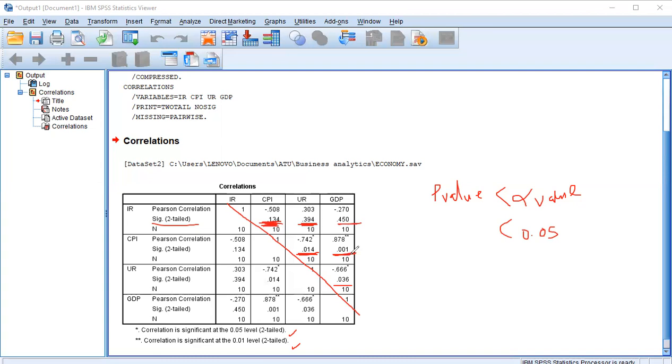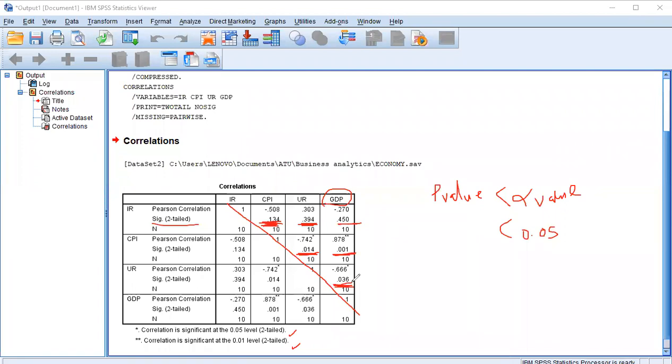Of course, we should have probably used GDP per capita. That would have been a better measure for this analysis. Then also unemployment rates and GDP, we can see some significant relationship over here, which is negative.